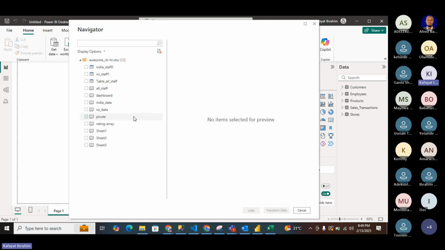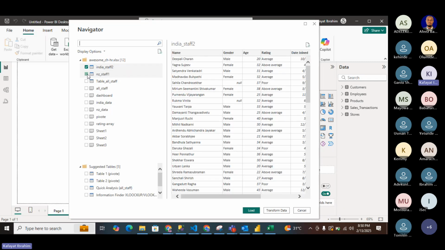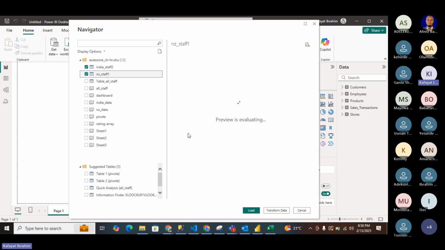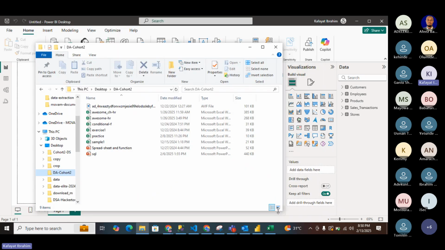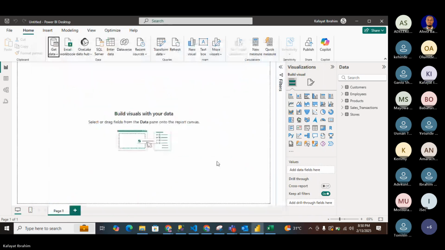So in this place, I have Indian data, New Zealand data, table stuff. This time around, I'm using these two I needed. From here, I said transform this alone.